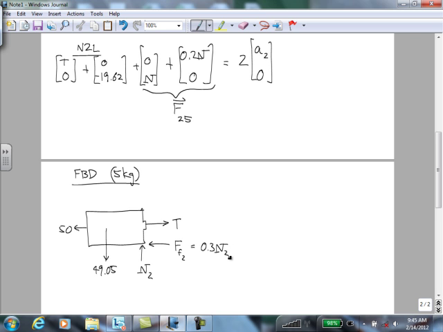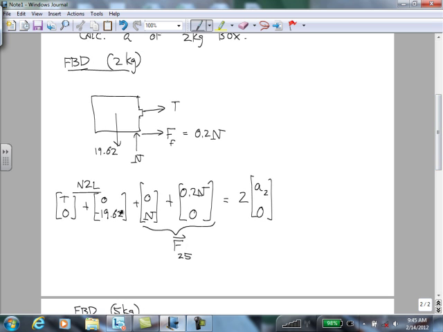And then if you keep going around, there's also contact with the 5 kilogram box by the 2 kilogram box. Okay, so there's two ways to think of this. You can think of it as the force F52, right?